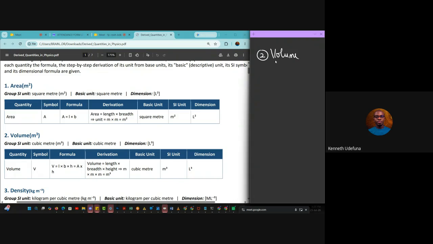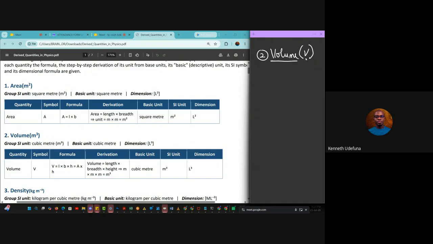Volume is represented by the letter V. Remember I told you that this letter, for this quantity, you will see in your formula, not in your unit.